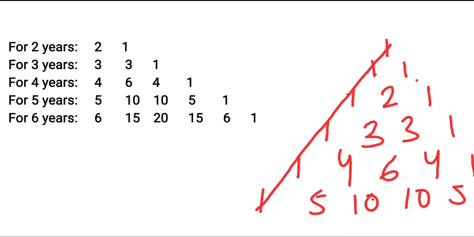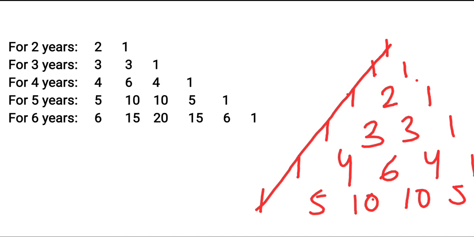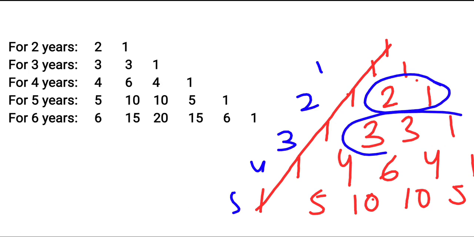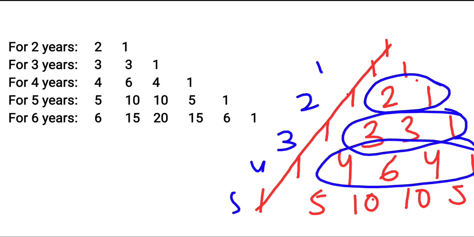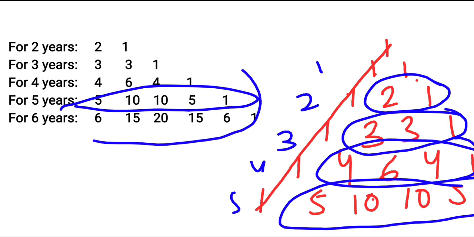Now what we get here, you will see that this is for 1 year, this is for 2 years, this is for 3 years, this is for 4 years, this is for 5 years. So for 2 years you can see this, for 3 years this, for 4 years this, for 5 years this. So you can even make these numbers yourself.